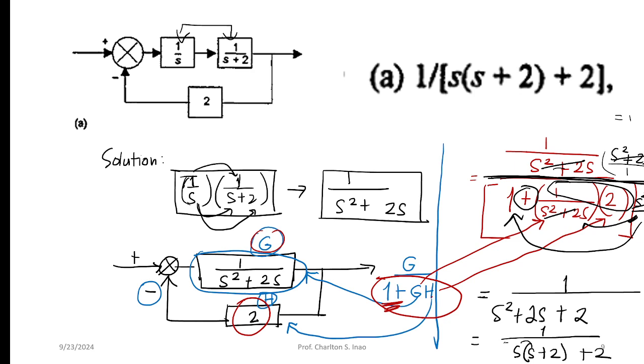Okay, so we'll put a bracket here. Okay, so that's gonna be the final answer. So let me emphasize by putting a circle here. Now, S times S plus 2, S multiplied by S plus 2.